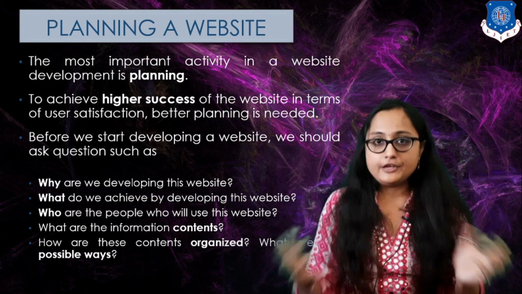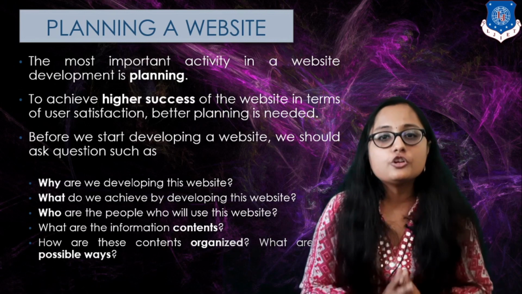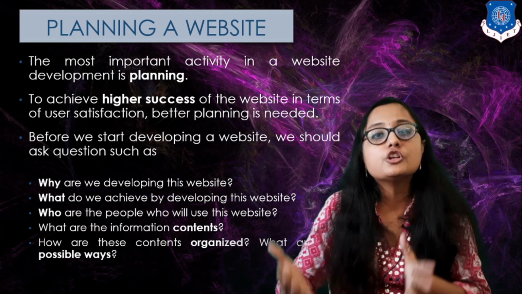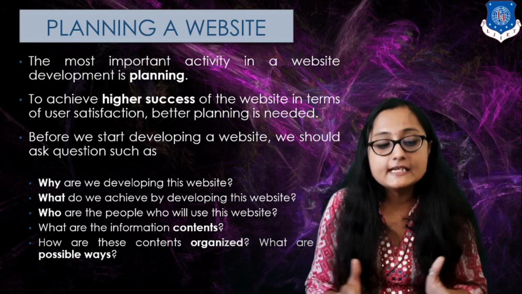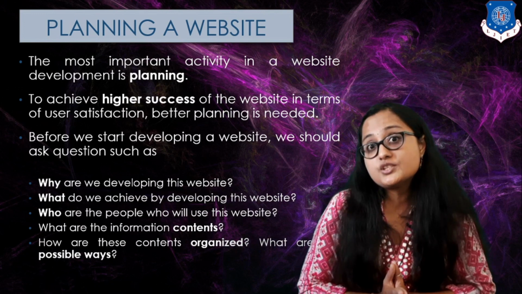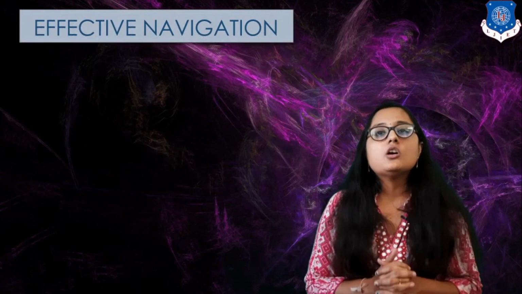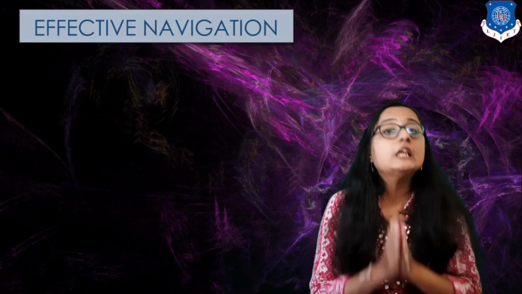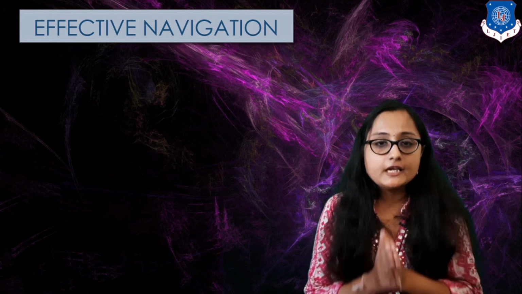So you have accumulated all the multimedia as well as the text that you want to put on your web page, but how will you put your content on a particular web page? The organization of the information content is the next question you need to ask while developing a website. These were all the important points you need to consider while planning a website.